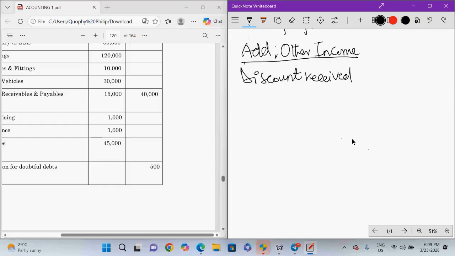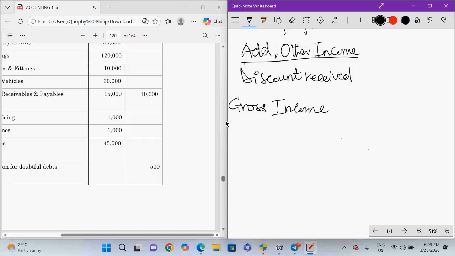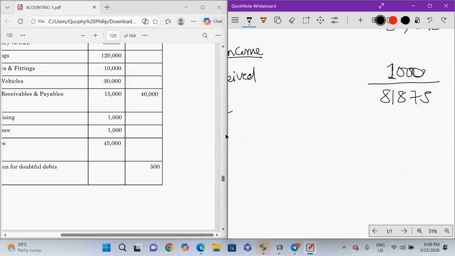So that would be our gross income. Gross income, yeah.